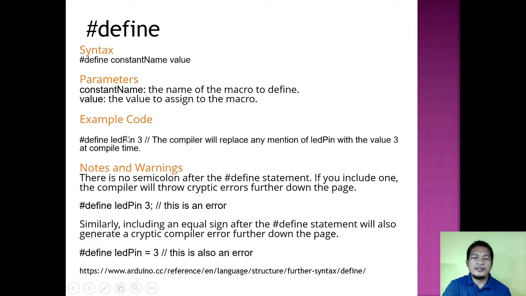By the way, led pin is not a constant, it is just a variable that we put. I hope you understand the sample program. I am the one explaining this from a website, which I will show you. The compiler will replace any mention of led pin with a value of 3 at compile time.